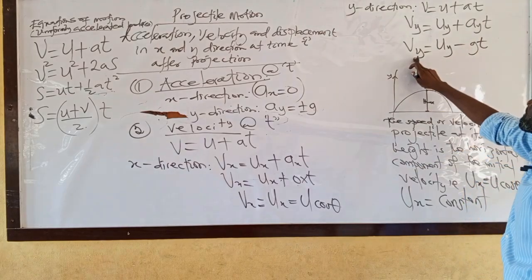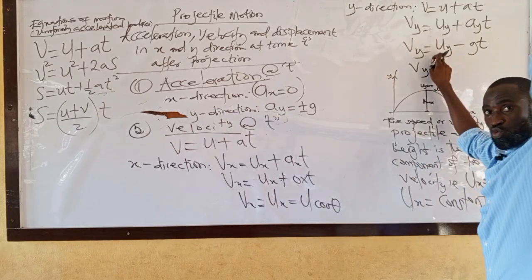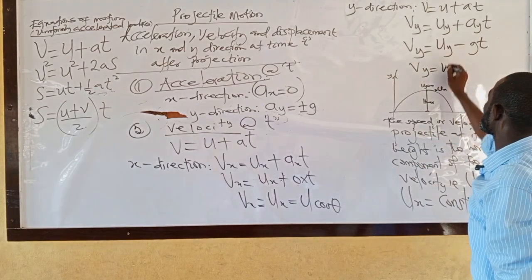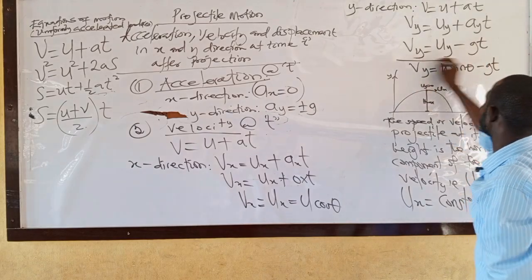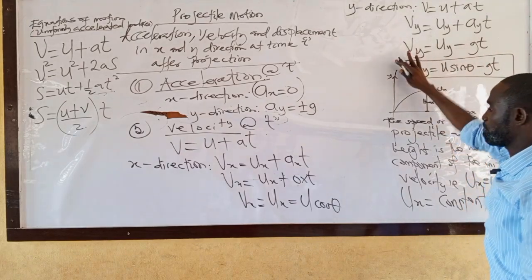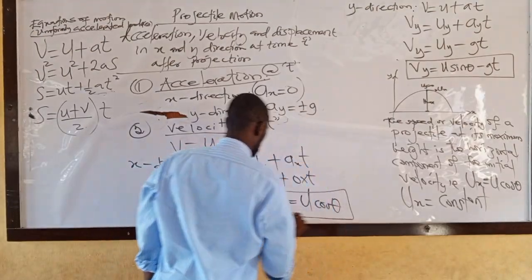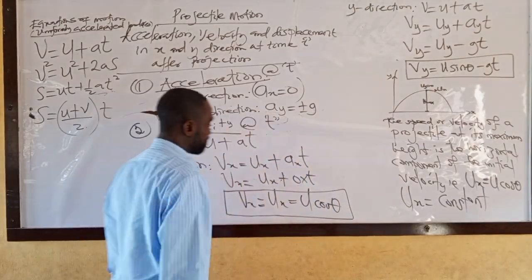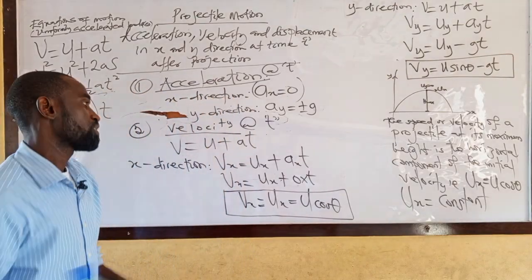So what is u of y? U sin theta. So v of y equals u sin theta minus gt. Put this in block 4. All these formulas in block 4 are very important. We are going to use them more. Are you with me?